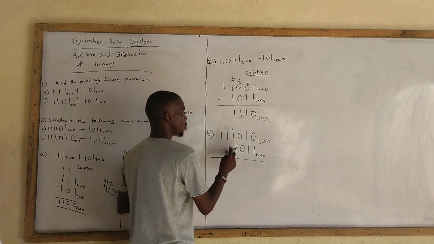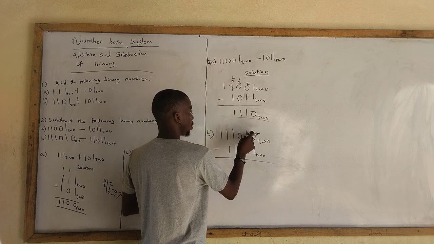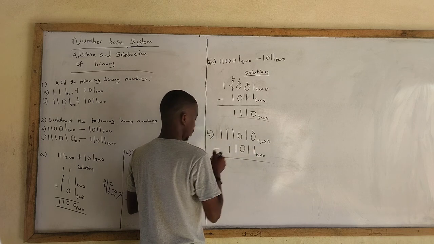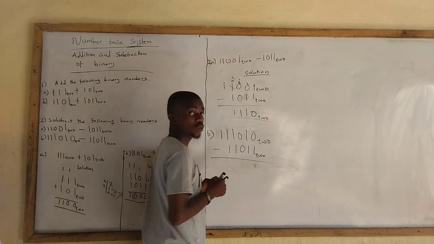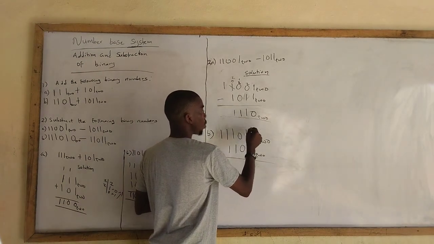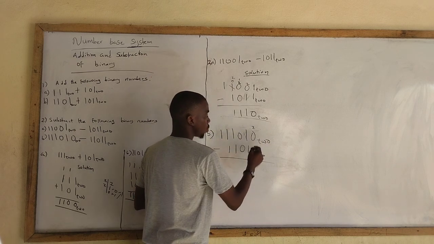Let's subtract 1 1 0 1 1 base 2 from 1 1 1 0 1 0 base 2. Okay, so 0 minus 1 cannot, so we borrow 1 from here to here, so the one on coming here becomes 2, remember. Okay, now 2 minus 1 is 1.